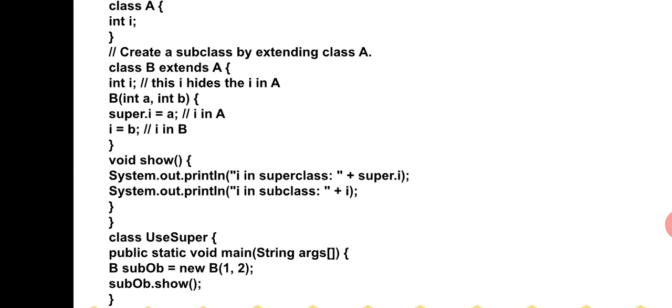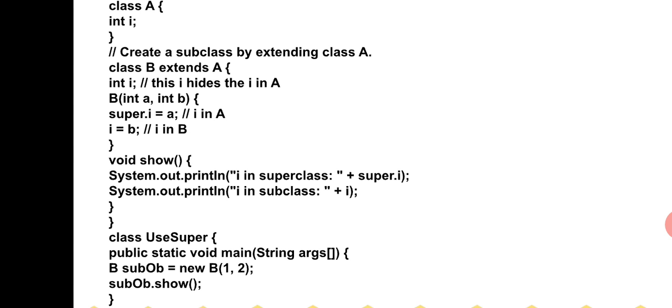Now you have one method called show, void show, and you are printing the value of super.I as well as I. Now super.I means the I variable which is residing in class A. Just I means the I which is residing in class B. Don't get confused.